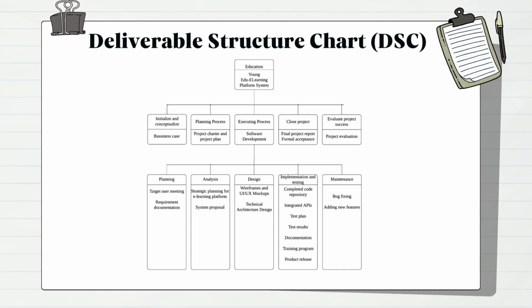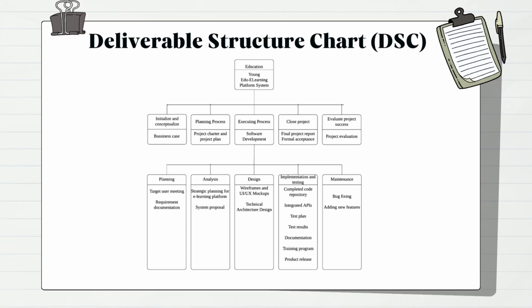Next, in the executing process, the actual software development takes place. This is where the platform starts coming to life, with coding and other technical tasks taking center stage. Once the development is complete, we move to the close project phase. This involves preparing the final project report and obtaining formal acceptance from stakeholders. At this point, we ensure all deliverables meet expectations.